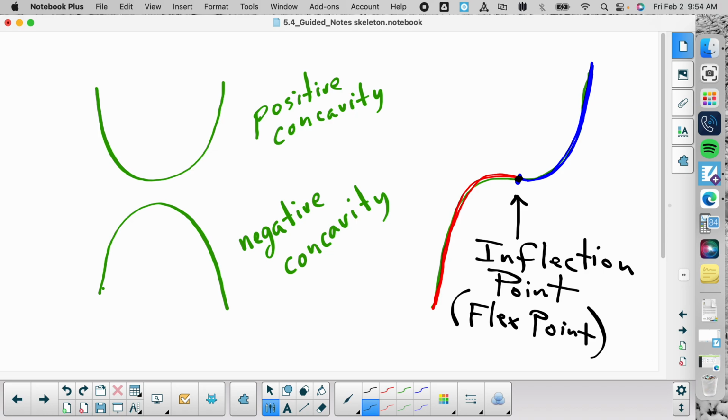Is it the second derivative is equal to 0 or undefined? Perfect. So these are going to be called possible inflection points, and that is when the second derivative is equal to 0 or undefined. Perfect. So it's not like you're going to be memorizing more stuff.